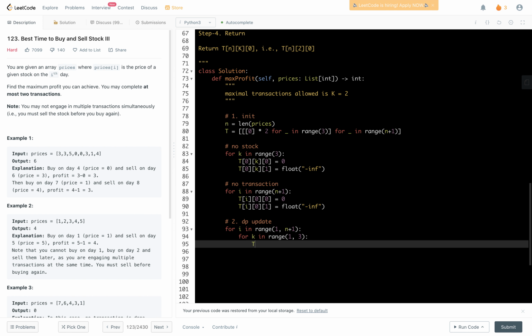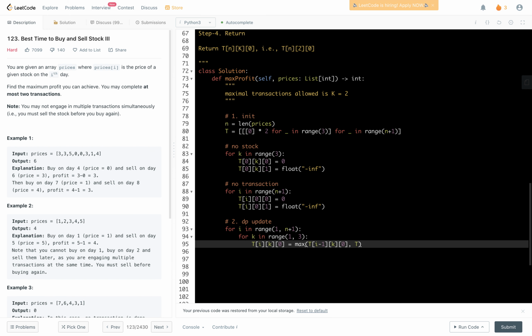And then we're going to do the update. First we update t i k 0. In this case there are two possibilities, right? Either at the end of the previous day we do not have stock, so we choose to rest or do nothing at day i. This is the first term in the max function.